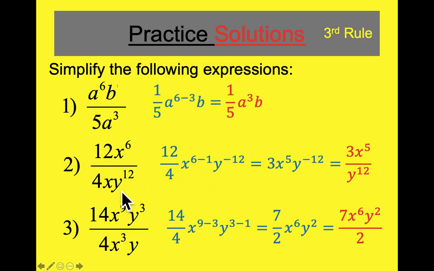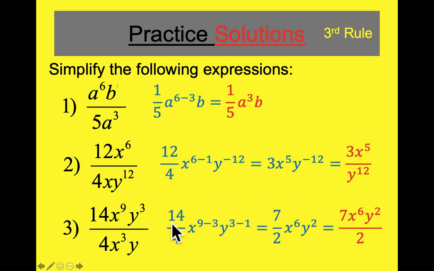But remember, whenever we bring something out of the denominator into the numerator, then we have to change the sign to negative at that point. 12 over 4 is 3. 6 minus 1 is 5. And we have y to the 12th. So this answer becomes 3x to the 5th over y to the 12th.